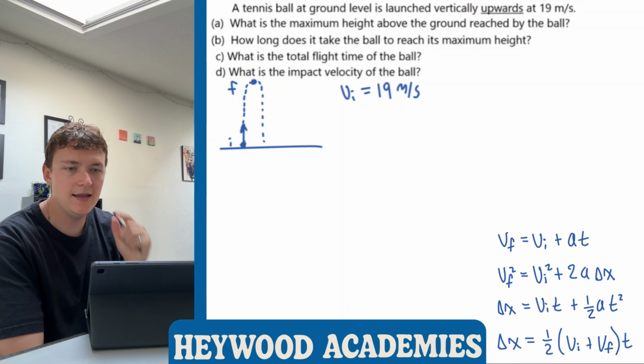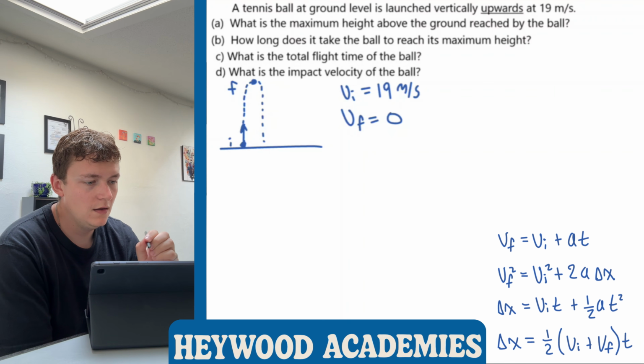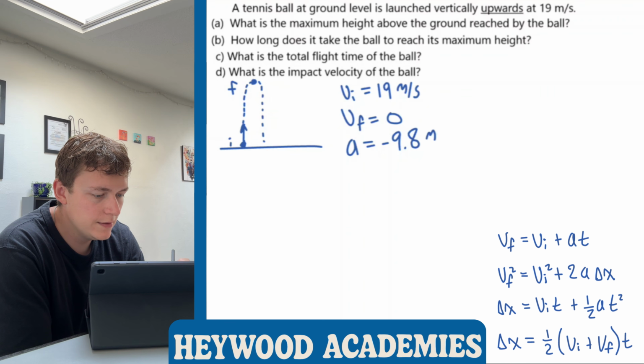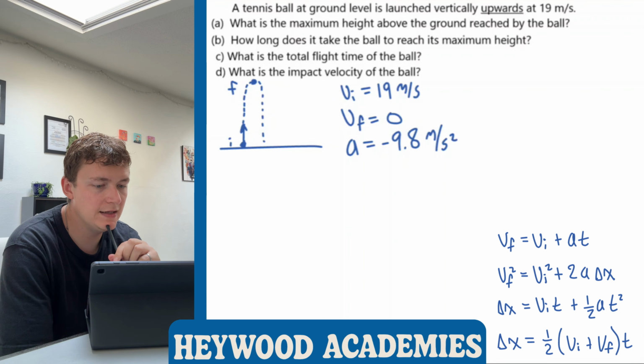So just at that instant, it's going to have a final velocity of 0. Then we also know our acceleration. We were given that sort of implicitly. You can imply that it would be negative 9.8 meters per second squared again. And that's all that we've got.